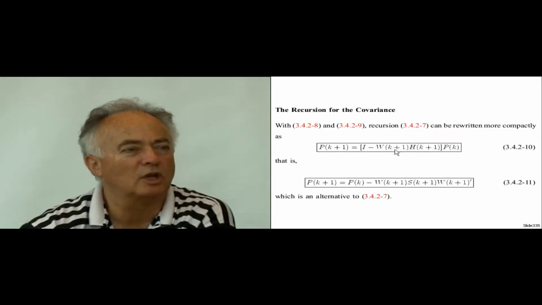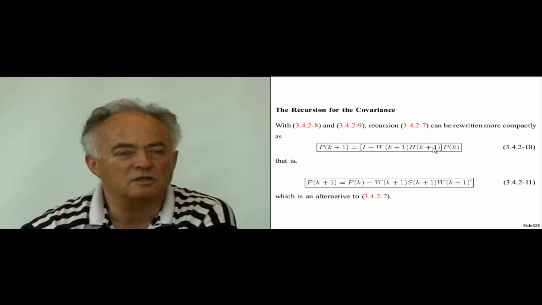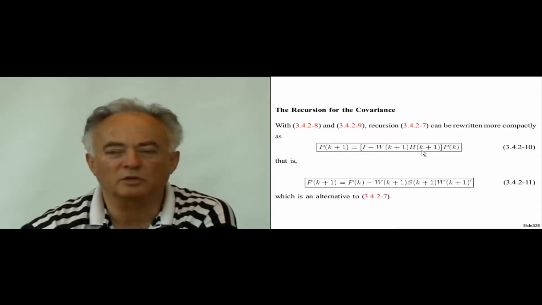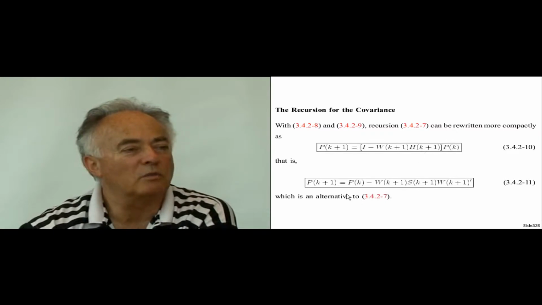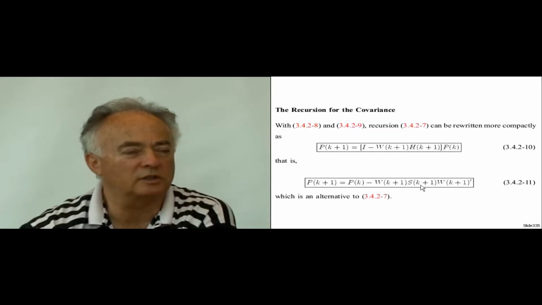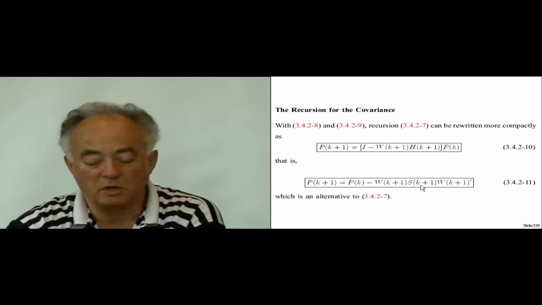If you carry out the multiplications in the order indicated here, you might end up, because of just round-off errors, with a matrix that slightly lacks symmetry, and this is not a good idea. We have a second version of it: P_{k+1} is P_k minus W S W transpose, which already looks symmetric, and this is guaranteed to give the right result. Remember, the covariance matrix has to be symmetric.